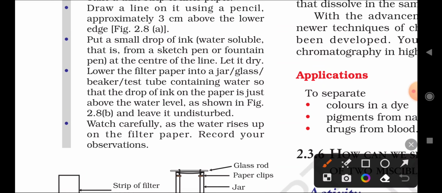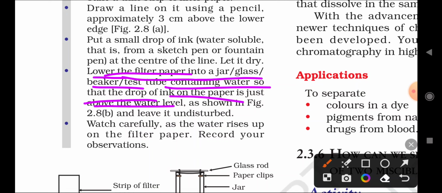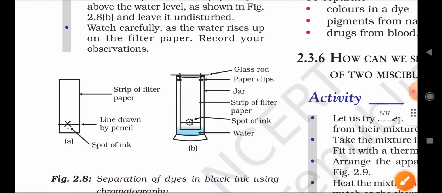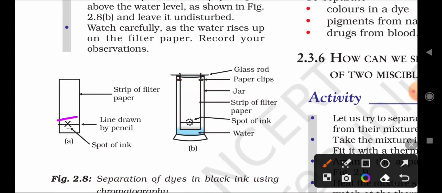Next, after adding the ink on that paper, lower the filter paper into a jar, glass, beaker or test tube containing water, so that the drop of ink on the paper is just above the water level, as shown in figure 2.8, and leave it undisturbed. After adding ink at the center of the line, we lower the filter paper into the beaker containing water.